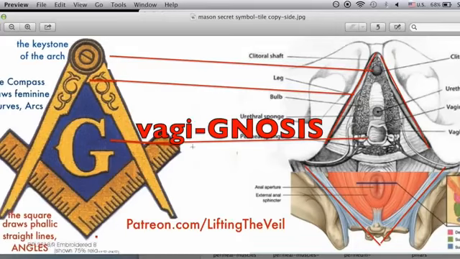And then we have the square down below, which draws phallic straight lines. In other words, it draws angles. And the V is the ruler, and that corresponds to what is known as the anal triangle, which consists of the perineal muscles which attach to the pubic archway, the pubic arch.